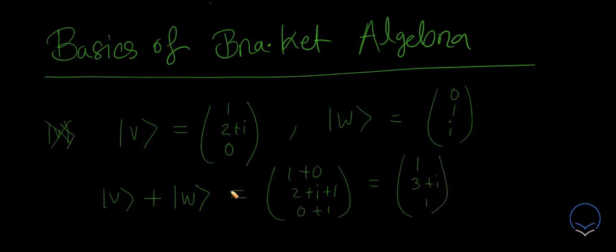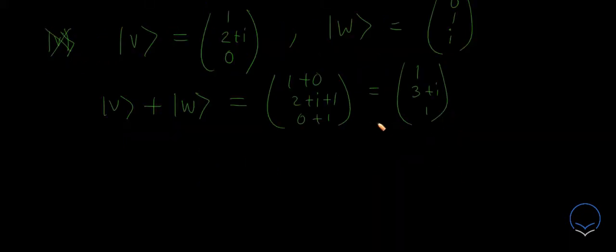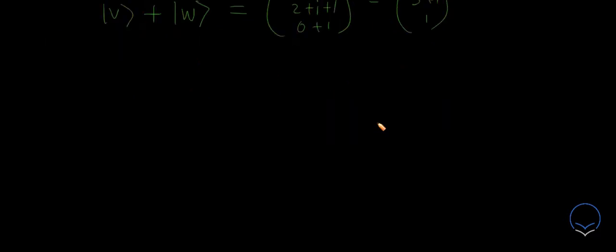So this is how we represent the ket of v plus the ket of w. The representations are column representations, and the rest of the algebra is similar to the matrix algebra we saw in our week 1 lectures.